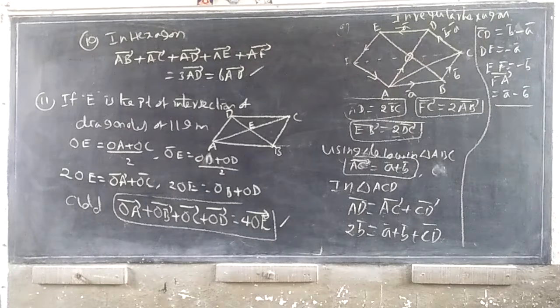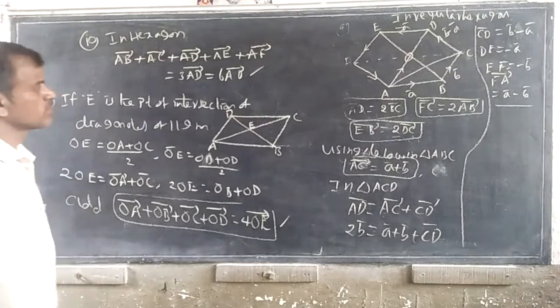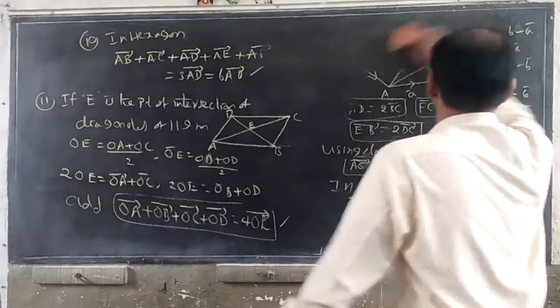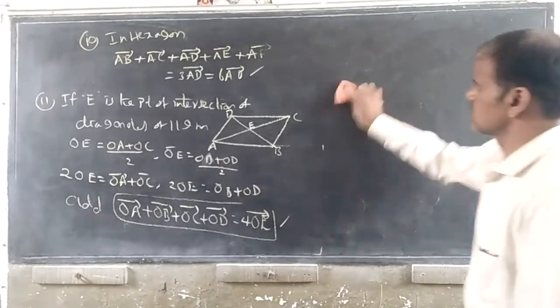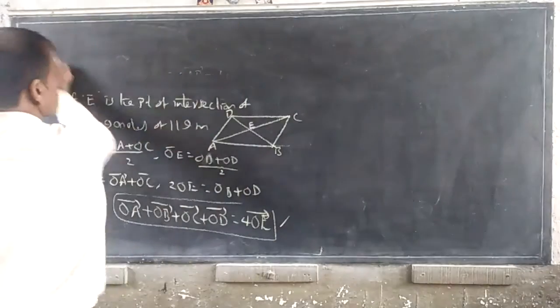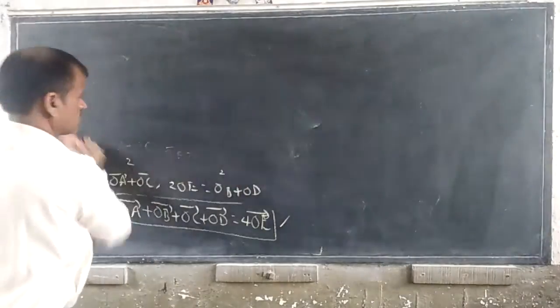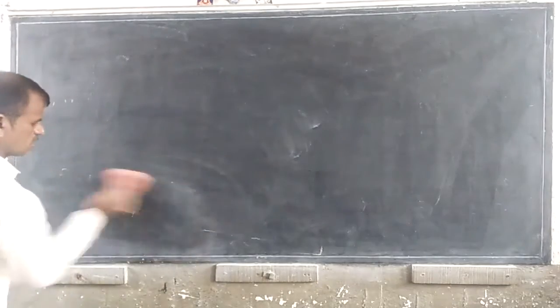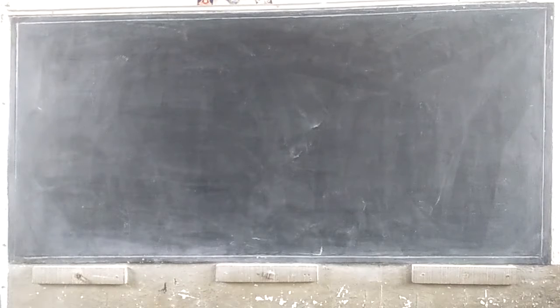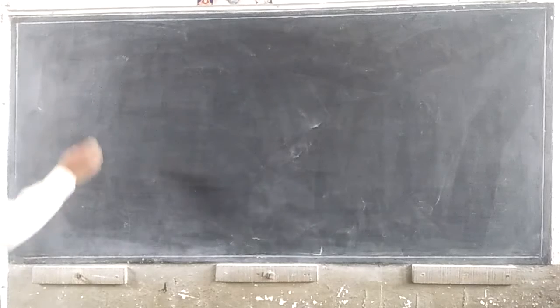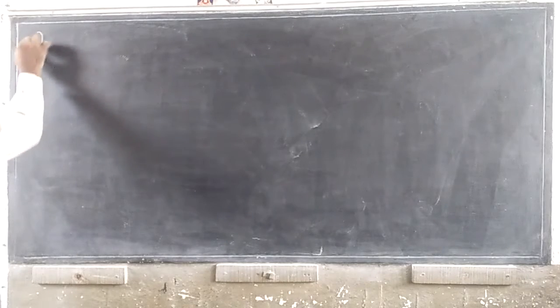Next we can say two formulae. Lagrange's identity, the 12th formula.